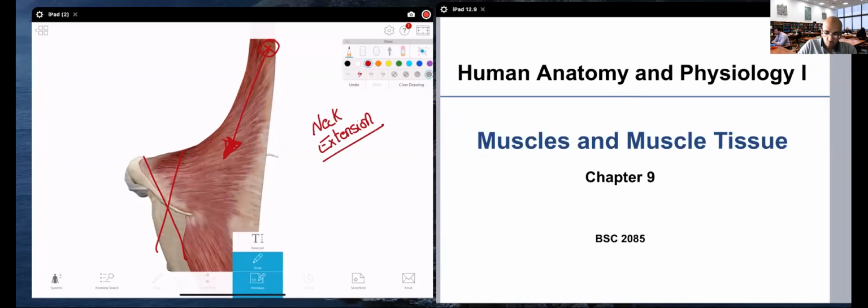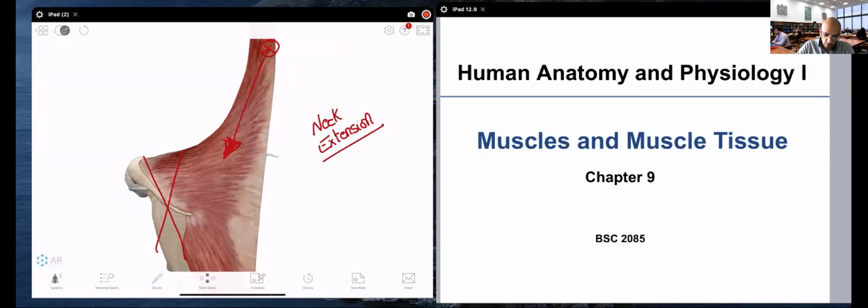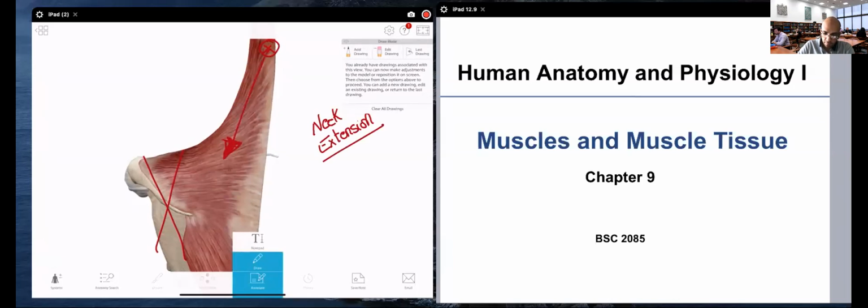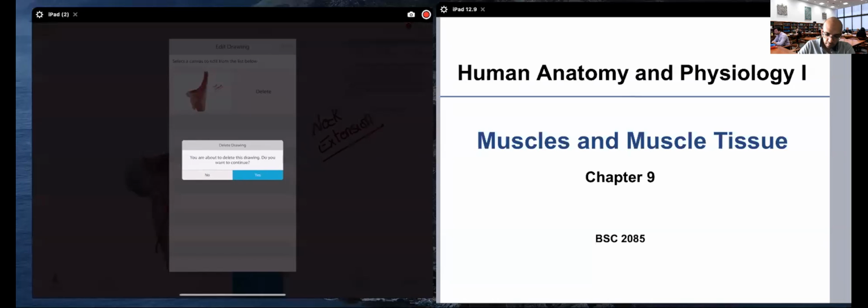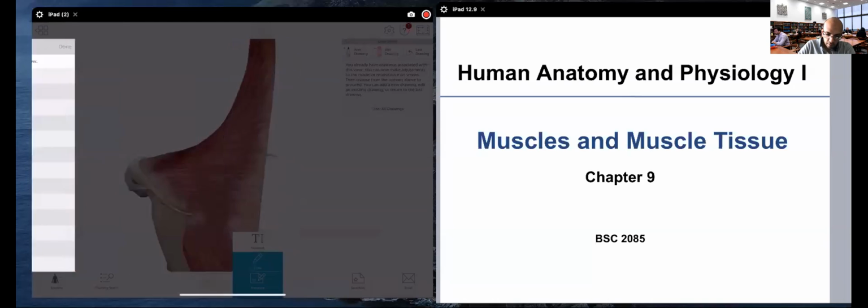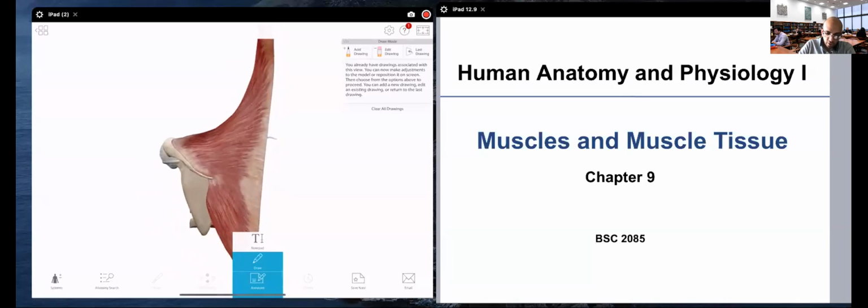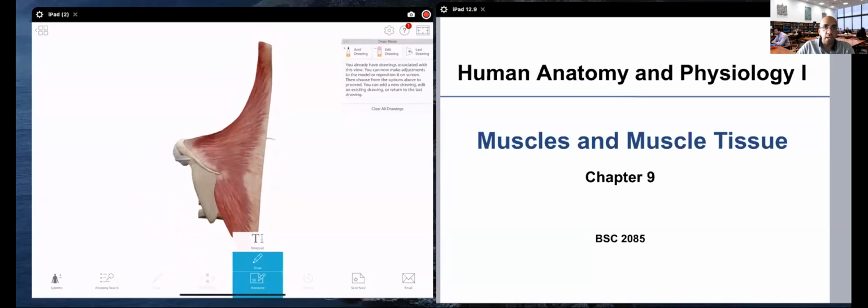So again, what is this muscle? This is my trapezius. And the trapezius, as you see on here, is going to be responsible to allow elevation of the shoulder, retraction of the scapula, rotation of the scapula, and neck extension.